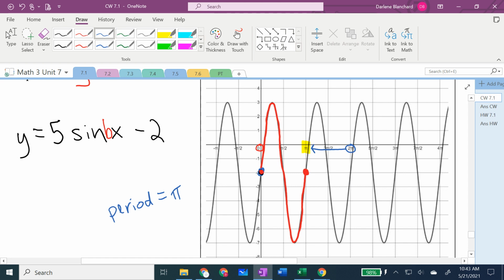Now there's a 2 involved, but in what way? What do I need to do to a 2 pi to turn it into a pi? I need to divide by 2.